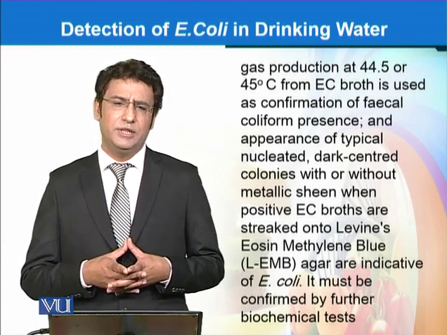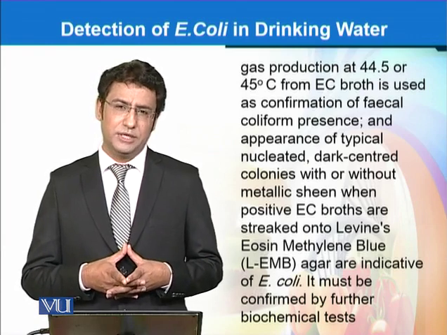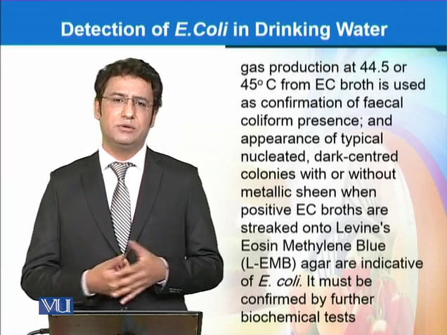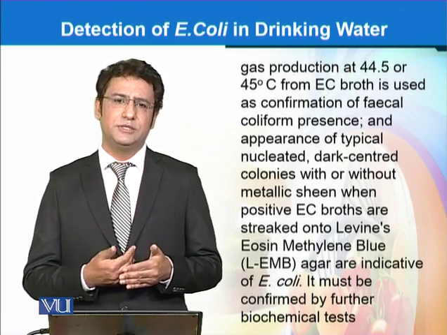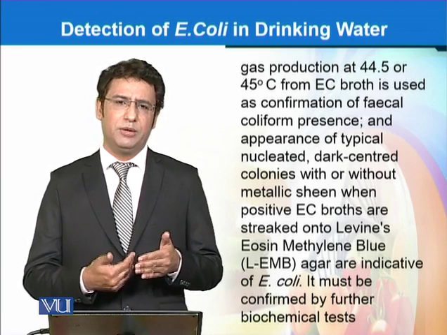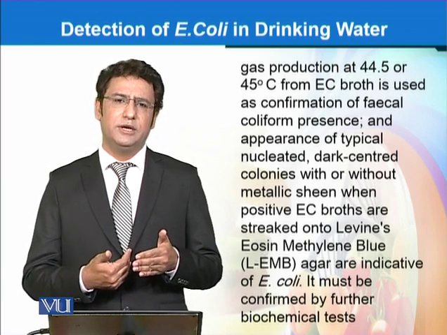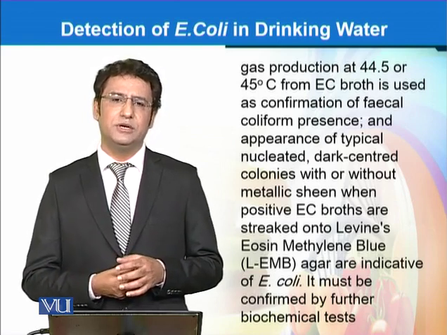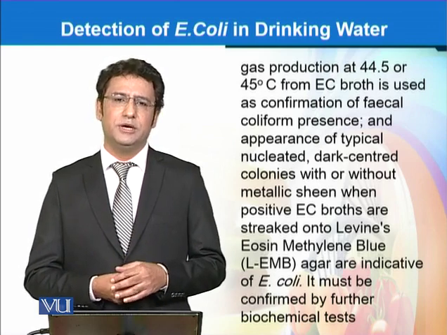But again, we then need to do a lot of other biochemical tests to confirm the presence of these microorganisms. So it is an exhaustive process, and there are many biochemical tests that can actually confirm whether the coliforms or fecal coliforms are present or not, and what their most probable number is within the food.